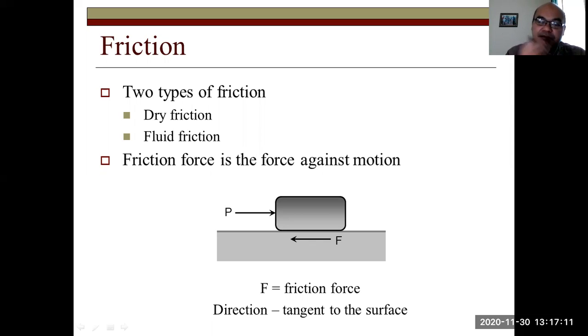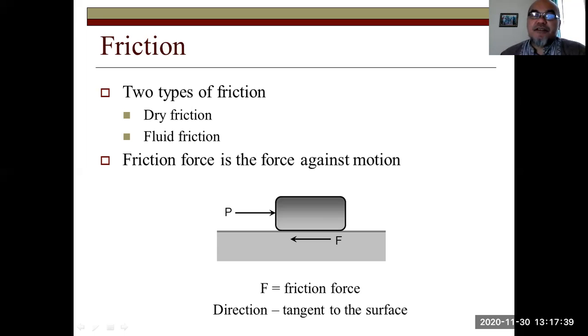Please take note that the direction of the friction force is always opposite to the direction of the motion. Not the resultant, not the other, but the motion where the object moves. When there is a surface interacting with that object, then there will be an opposite force opposing the motion direction.